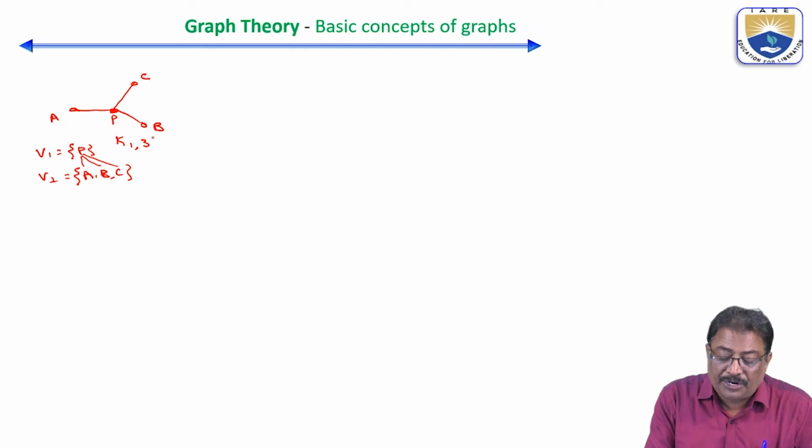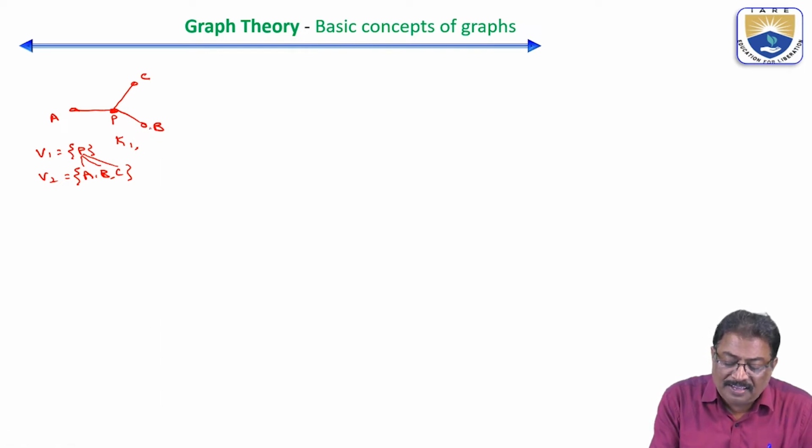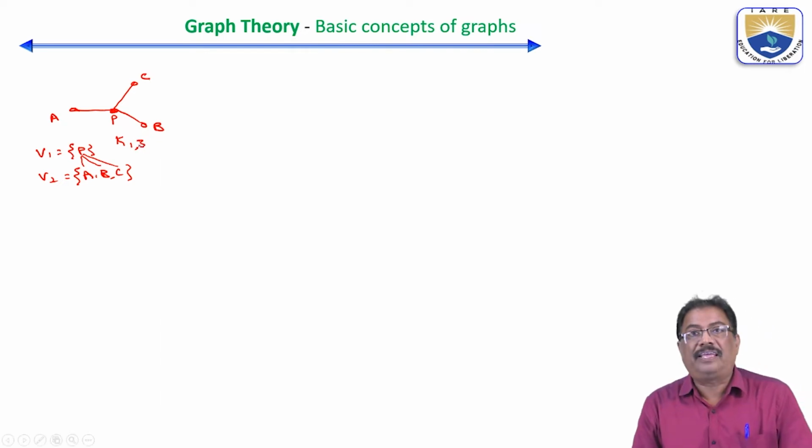So we are going to denote this as K of 1, 3.